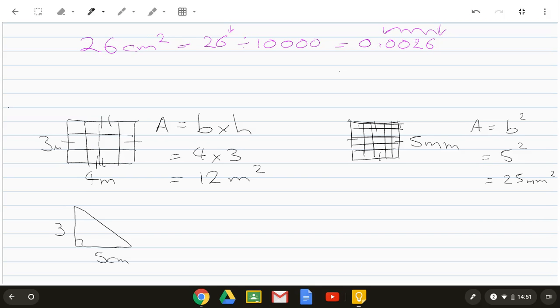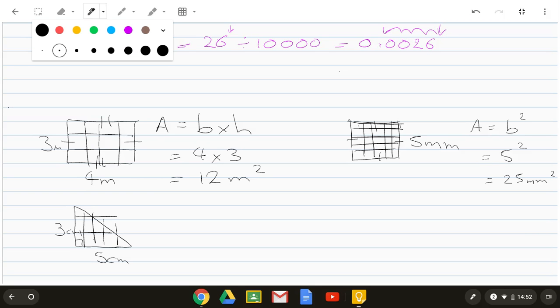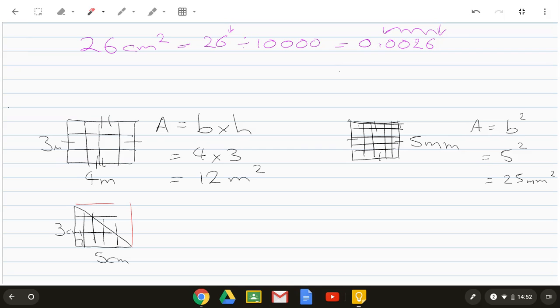Now the next shape, our triangle over here, is 3 centimeters by 5 centimeters. Drawing it's probably not going to help me a lot, but you can see here that if I squared this up and I continued these lines on, I would have a rectangle, and you can see a triangle is actually half a rectangle.